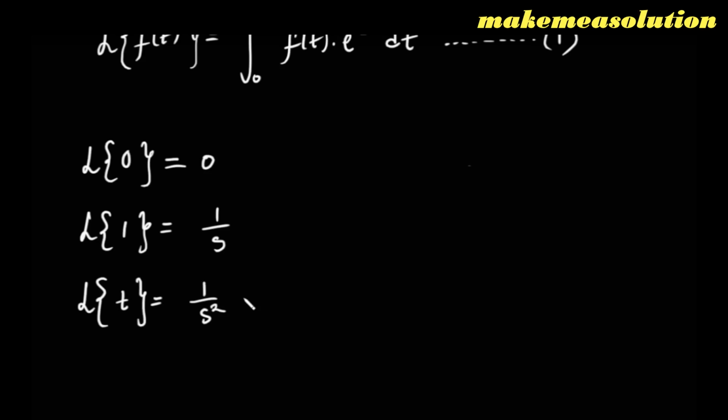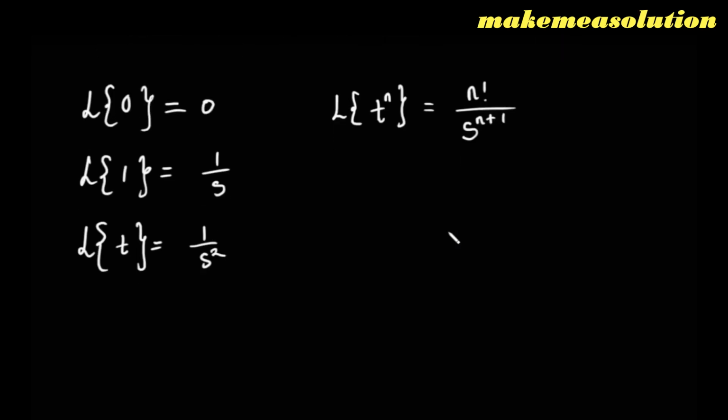And what else should we know about some basic functions? The Laplace transform of t raised to the power of n, generally, gives you n factorial divided by s to the n plus 1. Okay, so you should know this, that the Laplace transform of t to the power of n gives you n factorial over s to the n plus 1.